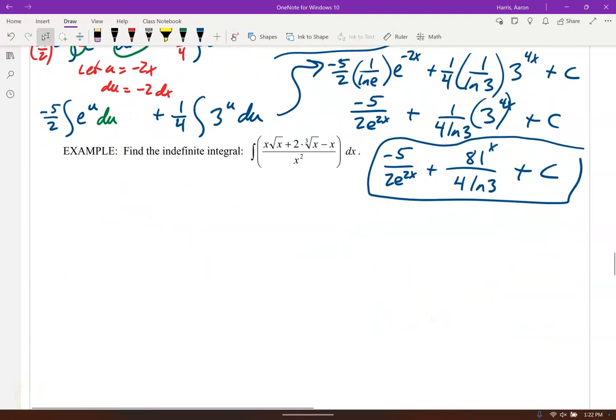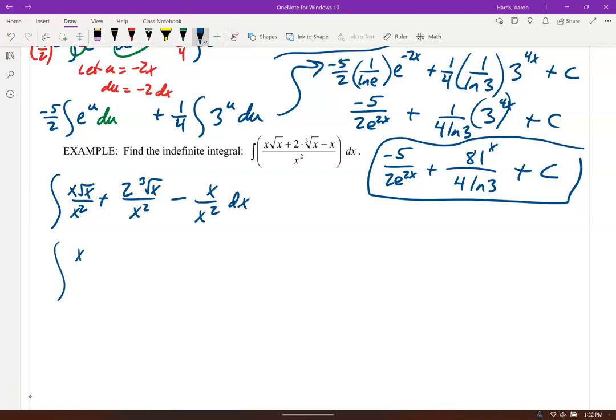All right, on this next one, notice you're dividing everything by that x squared. So I would take that x root x over x squared, plus 2 times the 1/3 root of x over x squared, minus x over x squared. Let me rewrite that as x times x to the 1/2 is x to the 3/2 over x squared, plus 2x to the 1/3 over x squared, minus x over x squared.